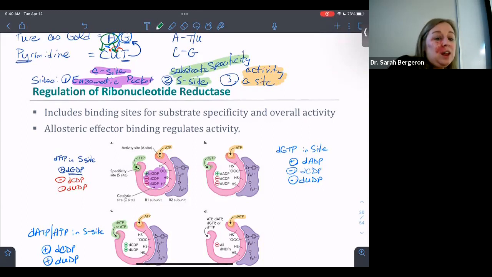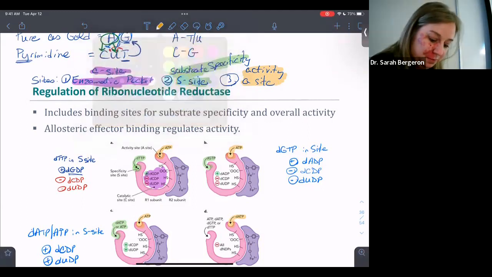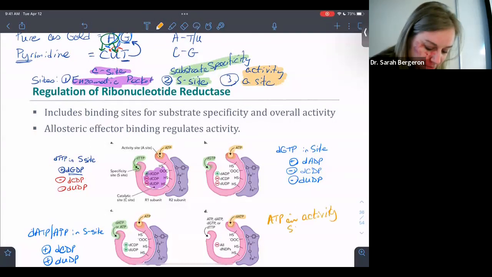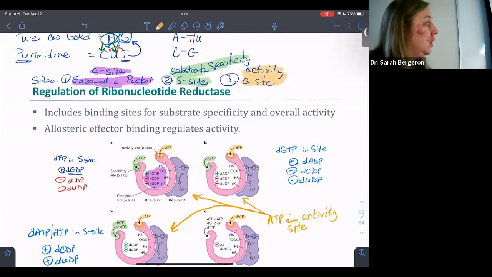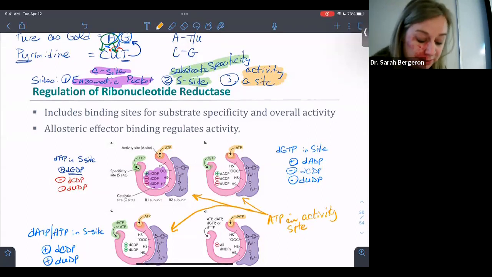What do you notice in A, B, and C about the activity site? If you have ATP in the activity site, what happens? So here, here, and here in all three. If you have ATP in the activity site, the enzyme is what?